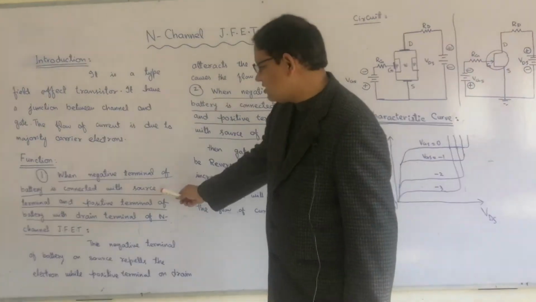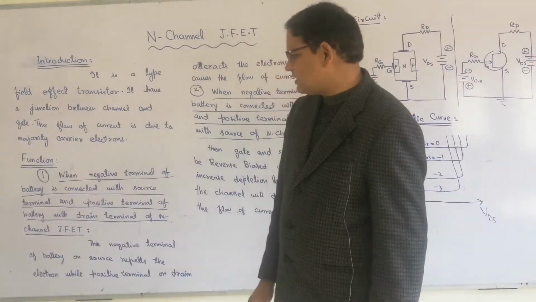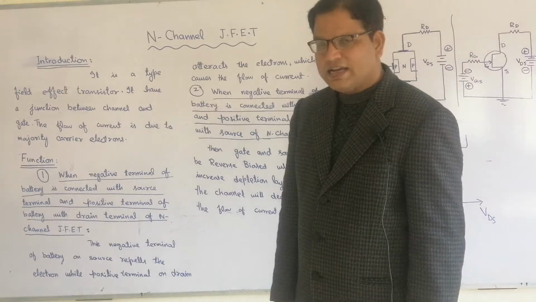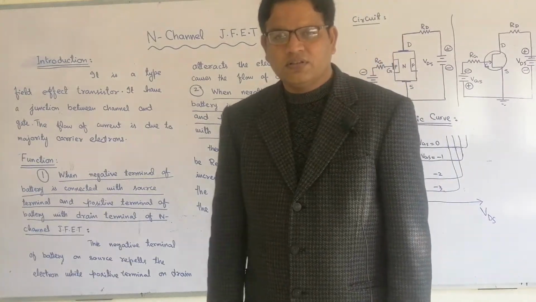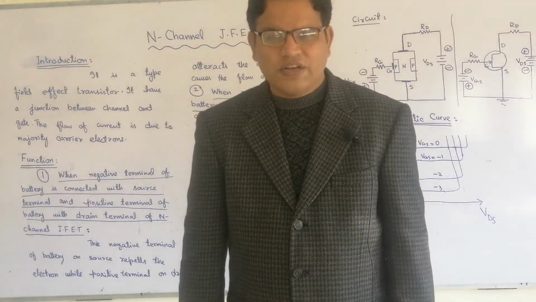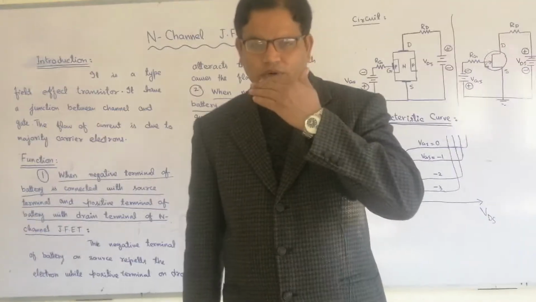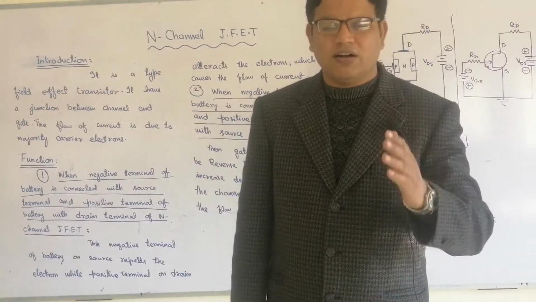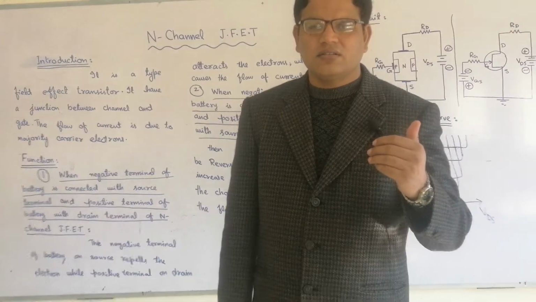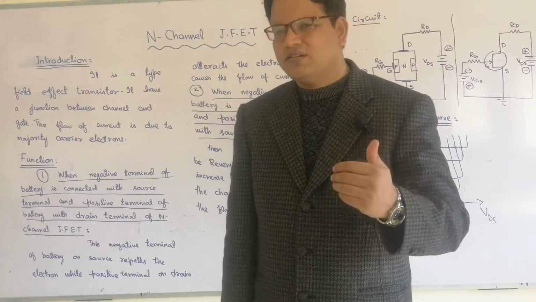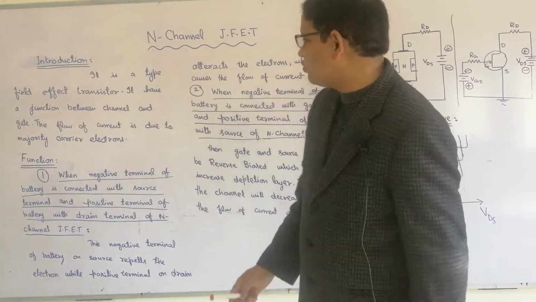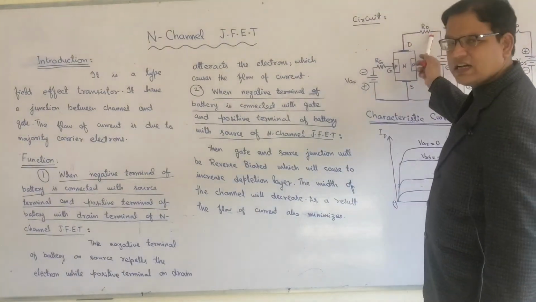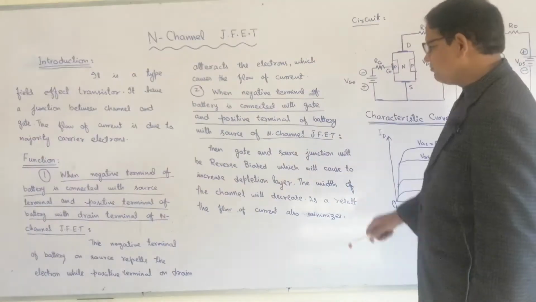In this case, when the negative terminal of the battery is connected with the source and the drain is connected with the positive, the electrons will easily flow from source to drain, and we get the output from RD. RD means the output resistance. So we get output from this RD.